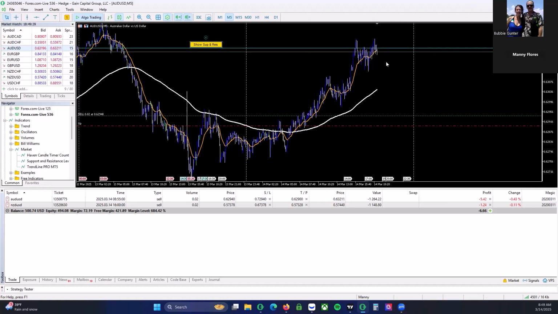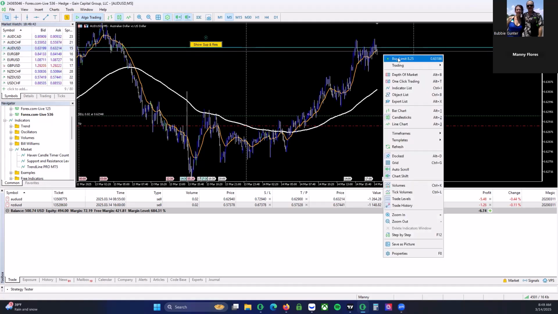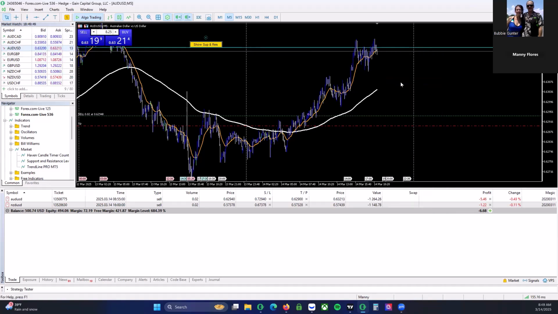The way you do that, you right click, one click trading, and your buttons pop up. Oh, Lord, it's got 8.25. It'll never buy it. So bring that to 0.02.